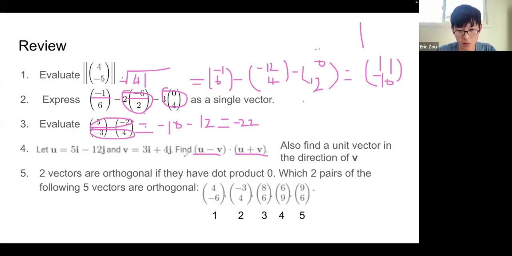So this is 2i minus 16j, or we can write 2, negative 16. Dot product, we have u plus v, which is 8i minus 8j, or 8, minus 8. We can do dot product of these numbers together.